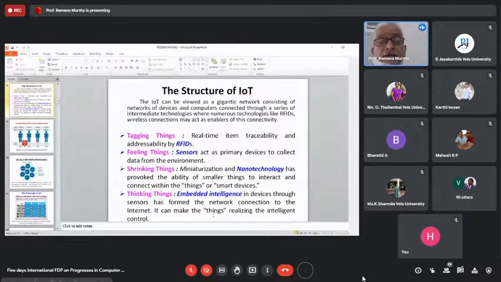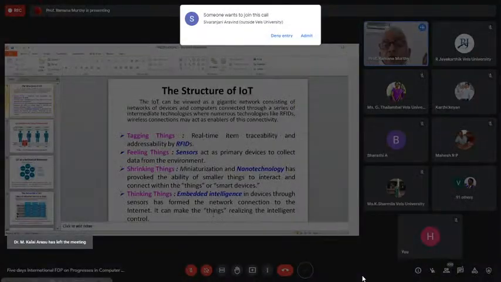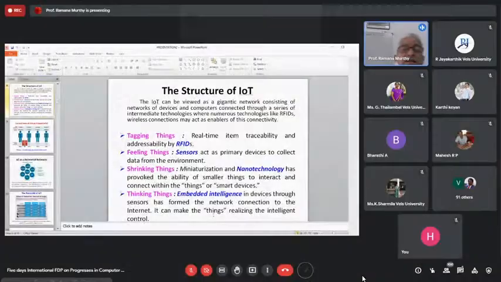Basically, as I said, bringing larger shapes to smaller shapes allows better interaction and better connectivity of things, or simply we call them together smart devices.